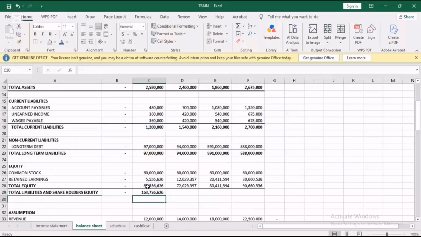Let's hit enter. Good, that's that. So we just stretch it out immediately. So that's it.